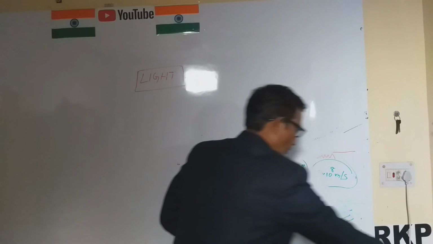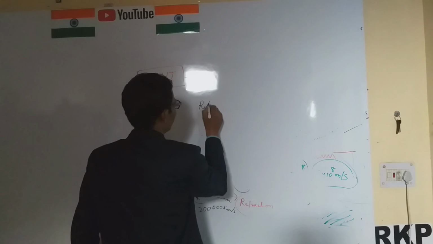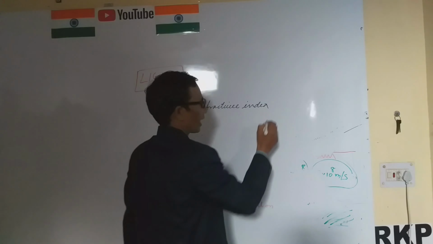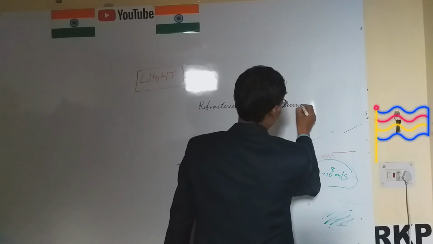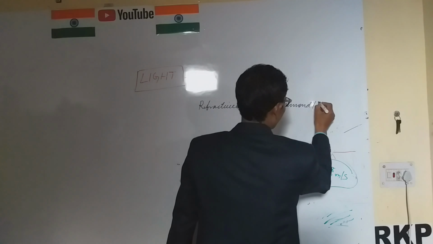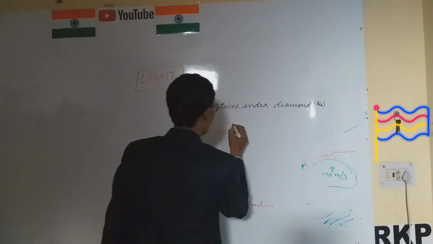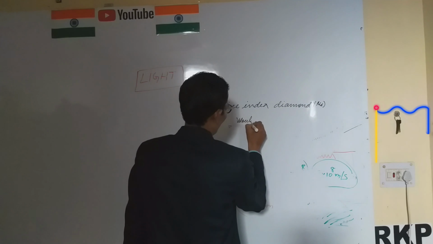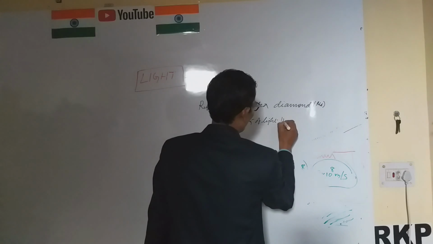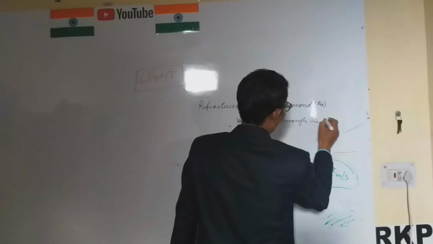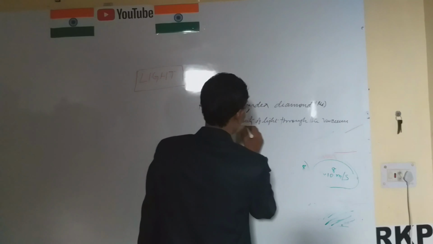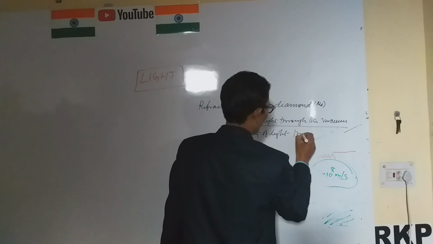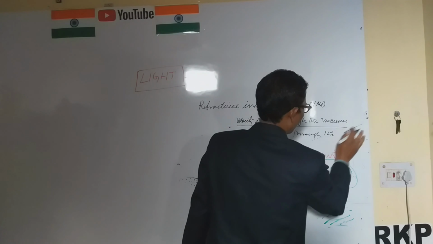here we know that the refractive index of the diamond, that is mu d, is the ratio of the velocity of light through the vacuum to the velocity of light through the diamond.